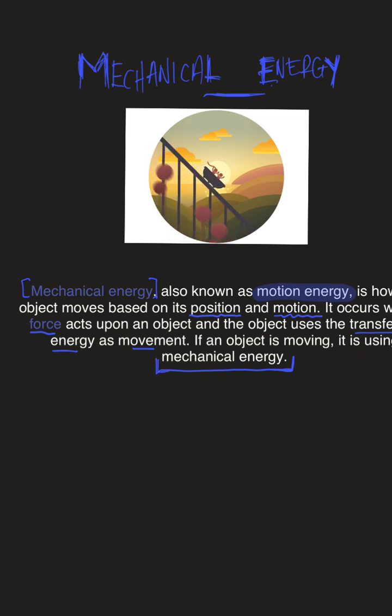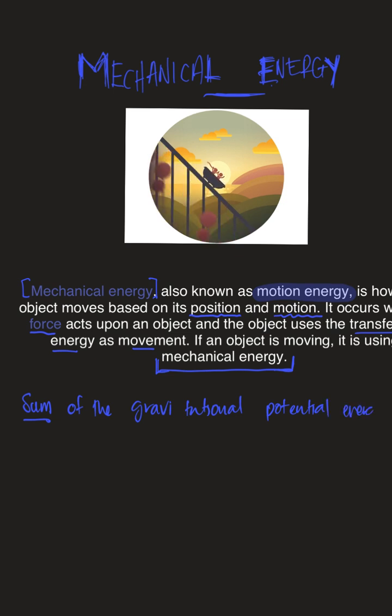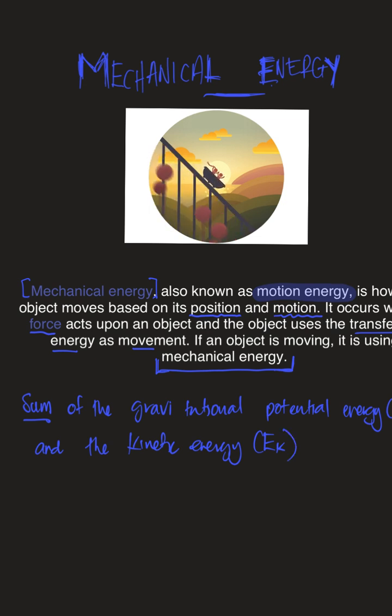So when I'm talking about mechanical energy, I can say that mechanical energy is the sum, that's important, of the gravitational potential energy, which is your EP, and the kinetic energy, which is your EK, of an object.